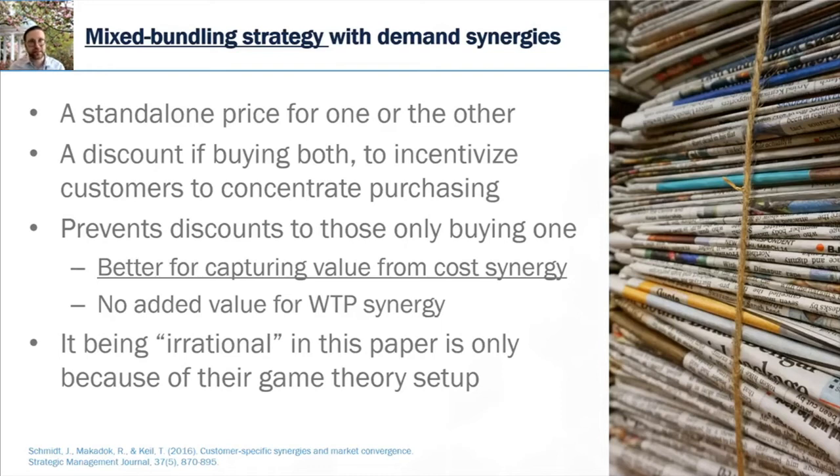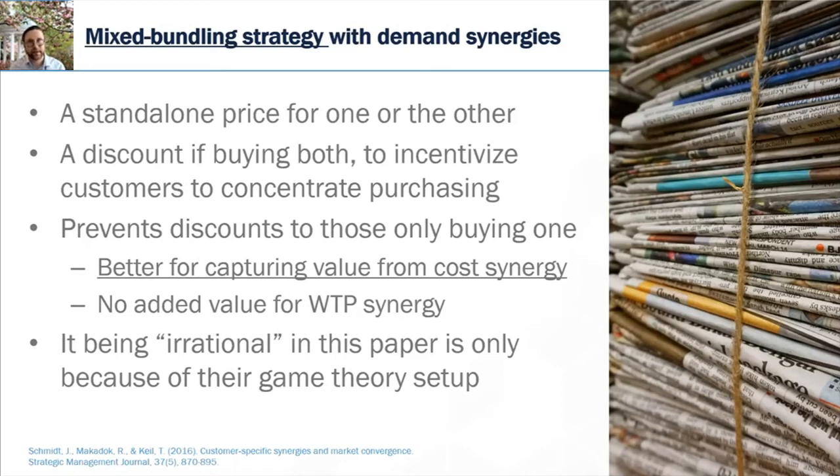So in that case, mixed bundling would never make sense, because if a customer is getting a discount for buying both, then it's essentially a zero-sum proposition for the two sellers on each side, and they don't capture any value from that. You can essentially ignore that for the purposes of this course.